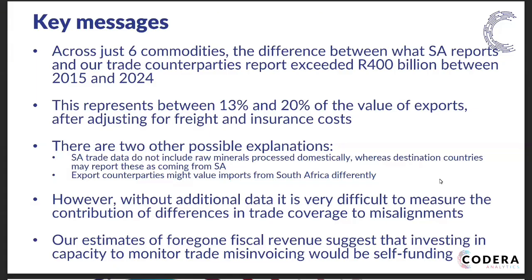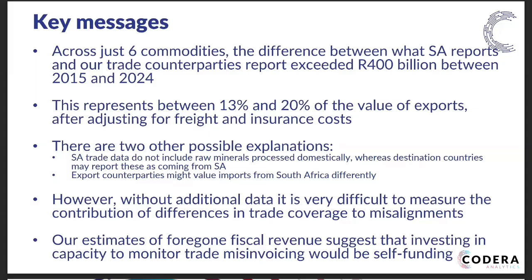Now, the way the reporting standards have not been universally adopted has created some problem. So we've just noted that. There's another side to this. I mean, Daan and Jan have focused very much on the export side.